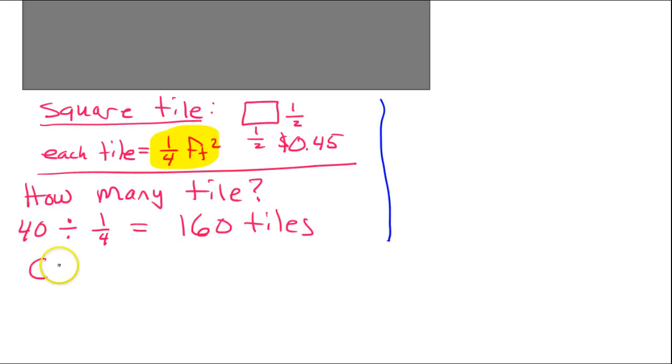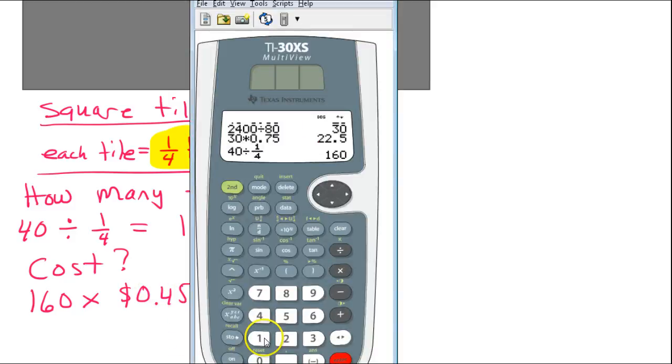Okay, so how much would that cost? Well, 160 tiles times 45 cents each will give me the cost of this. So 160 tiles times 45 cents, that's $72.